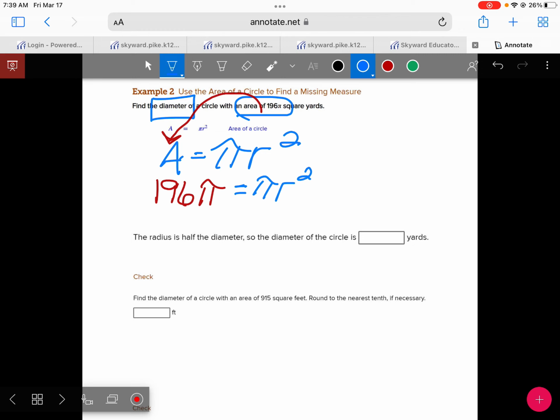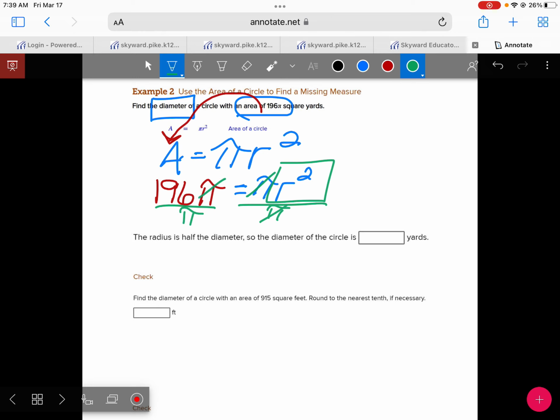The radius, right? So we're going to isolate the radius. Keep the radius by itself. Pi is being multiplied, so I'm going to divide by pi. On the right, pi is going to cancel out. Okay?